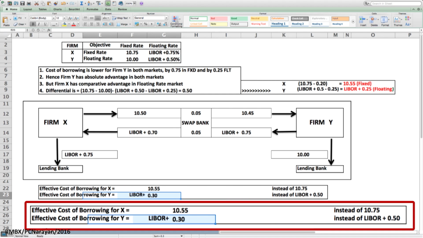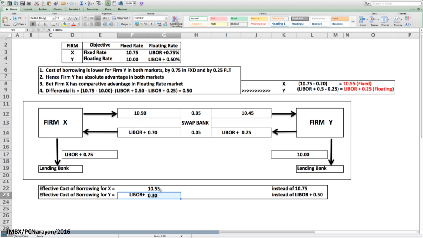In the revised version, where 5 pips each is taken away by the swap bank, the effective cost will be 10.55 and LIBOR plus 0.30. It still is lower by 20 basis points when compared to the interest rate which X commands, which is 10.75. It managed to get it at 10.55, and Y commands LIBOR plus 0.5. It was able to borrow at LIBOR plus 0.30.